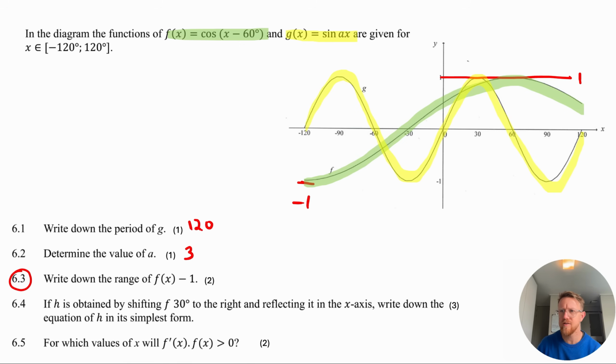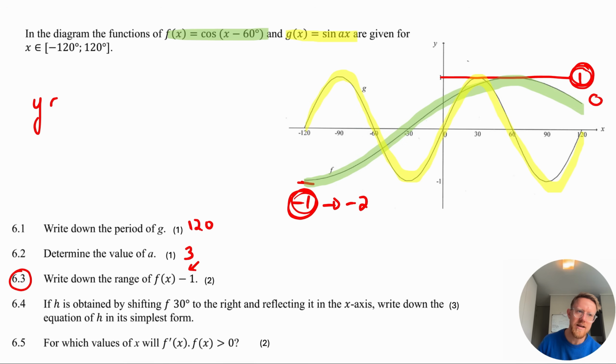So that is the current highest and lowest point of that graph. But then they subtract it by 1. So if you subtract this by 1, it's going to become -2. And if you subtract this by 1, it's going to become 0. And so now we can say that the new range would be y as an element going from -2 up to 0. If you prefer set builder, you could say y is bigger than or equal to -2, smaller than or equal to 0. And that is the answer for 6.3.